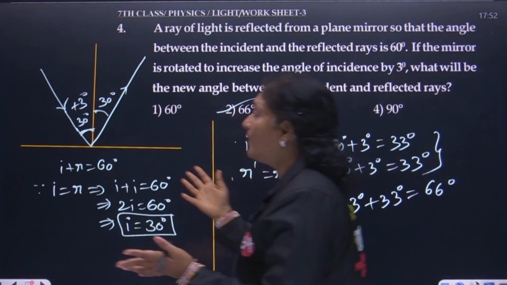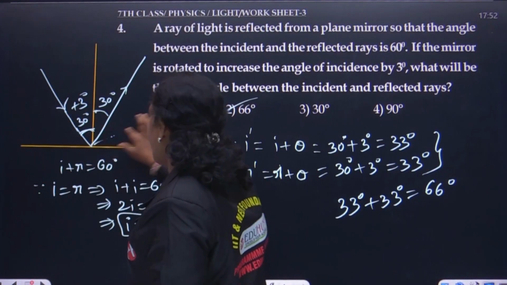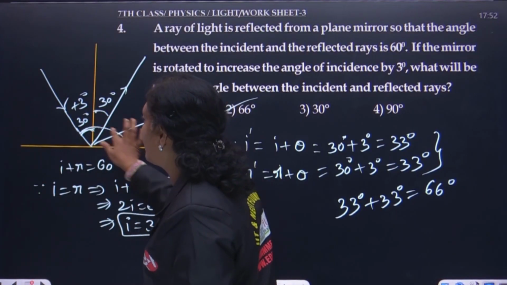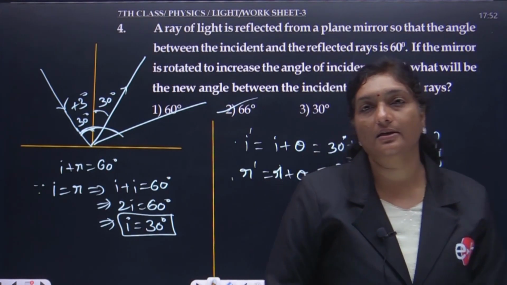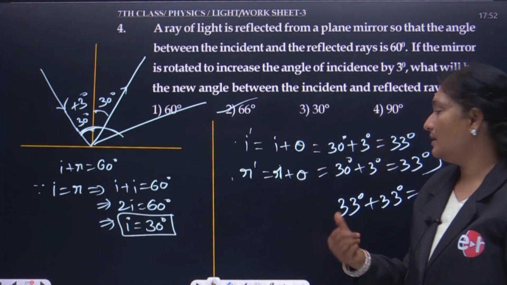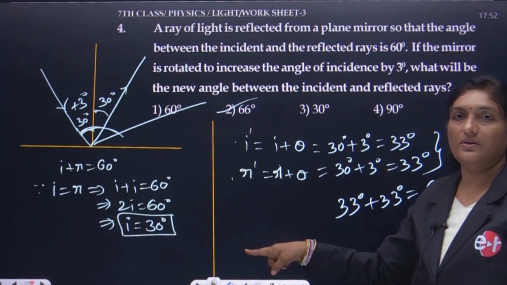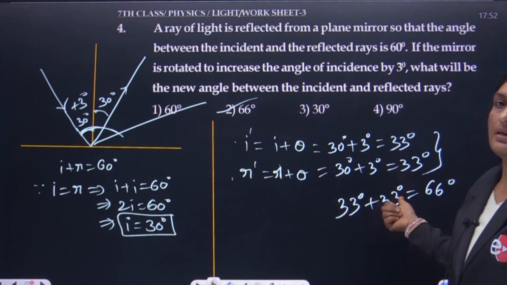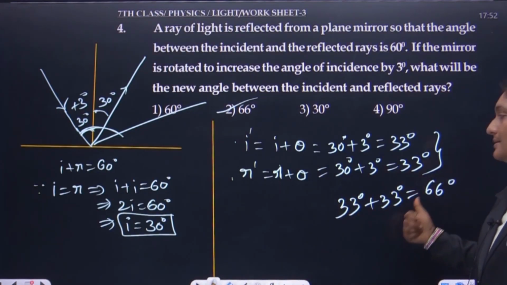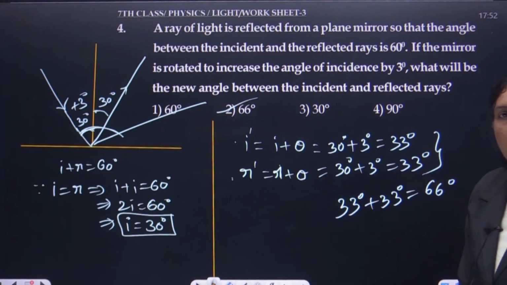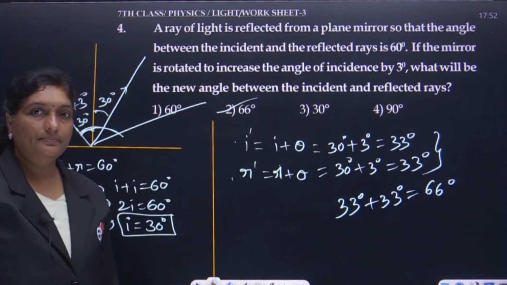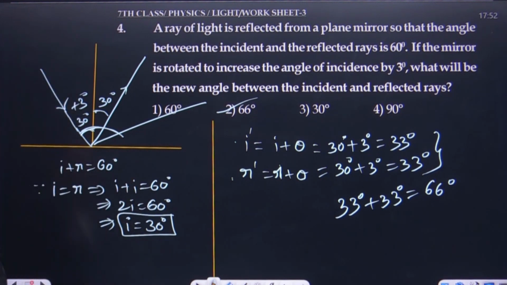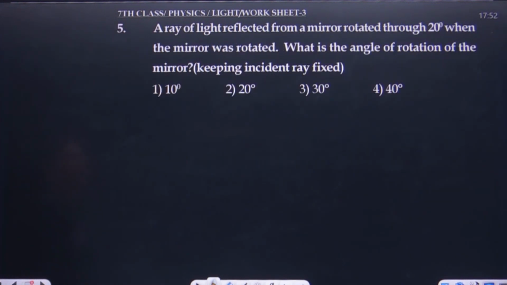Overall, the new angle between the incident ray and the new reflected ray is 2i plus 2 theta, that is 2 times 30 plus 2 times 3, which is 60 plus 6, equal to 66 degrees. Is it clear? Then let us move to the next one, question number 5.